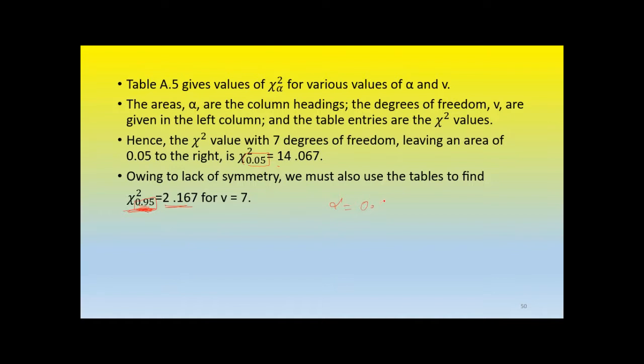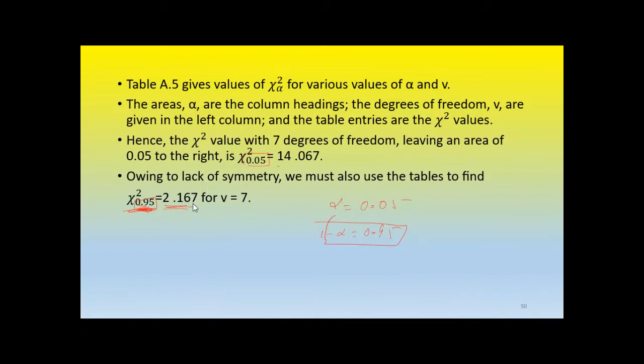If alpha is 0.05, then 1 minus alpha will be 0.95. But there is no symmetry, so we should separately find it for v equal to 7. The answer is 2.167. You can verify with the table. Okay.